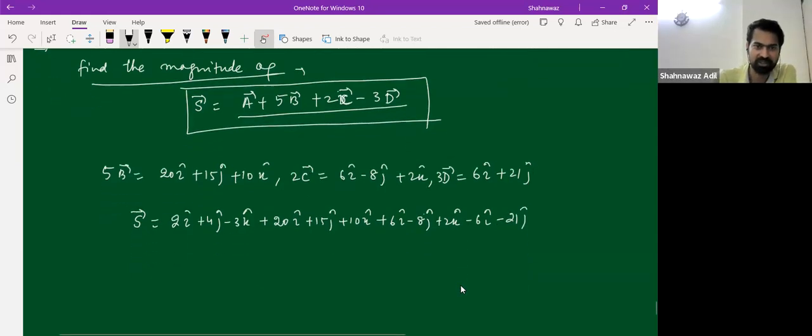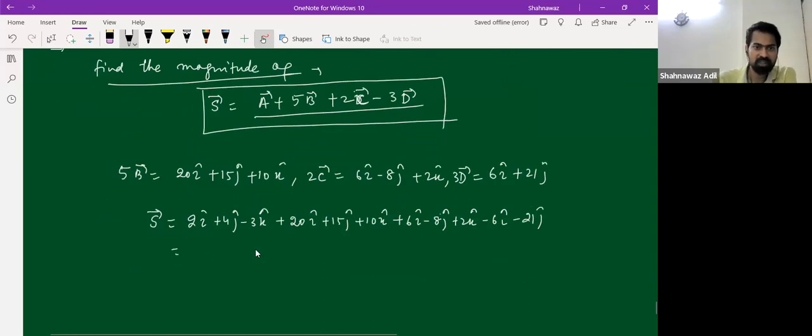So this is a vector sum, so I adds with I, right? This is not an algebraic sum. So 6I cancels. And we have 2I, 20I, and another I. So this is 22I. Then 4J, 15J, minus 8J, and minus 21J.